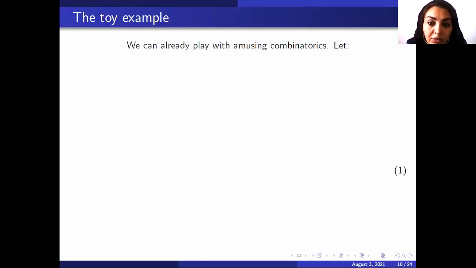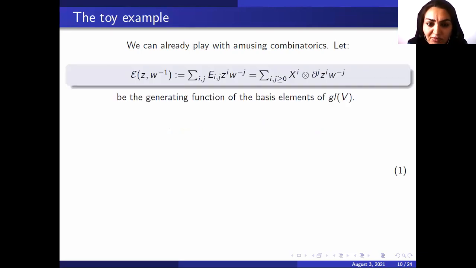Now let's play a little bit more with combinatorics. By generating function, I mean this. You consider x_i tensor delta_j, which is a basis element of gl(V). Then you add two more indeterminates, z and w^{-j}, and you sum all of them.